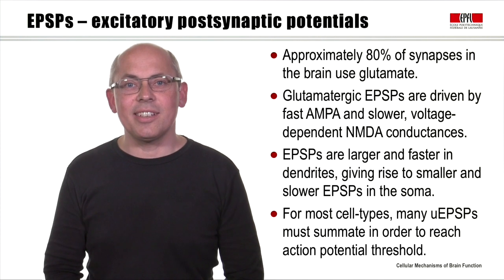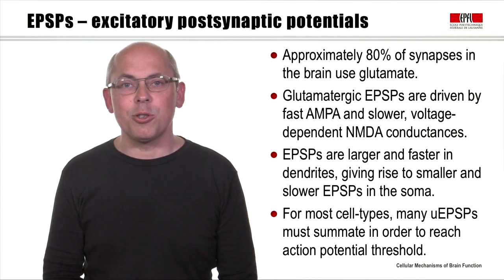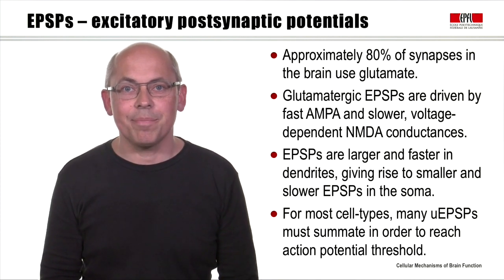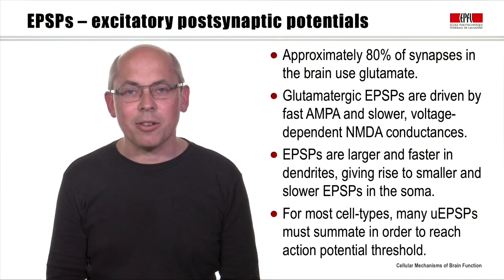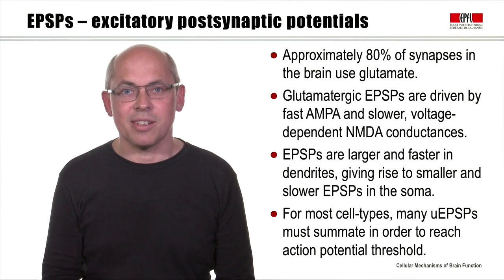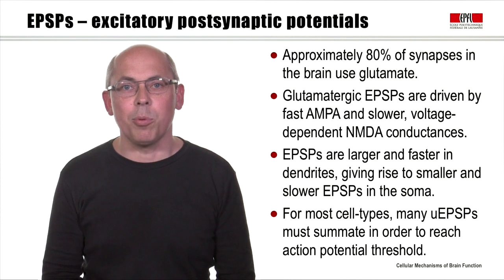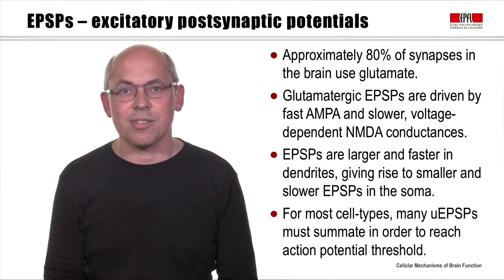And so we've now begun to consider what happens at glutamatergic synapses in the brain. These glutamatergic synapses are very important to think about because they make up about 80% of all the synapses that are present in the brain. And so we absolutely need to understand how these work if we want to understand how the brain functions.